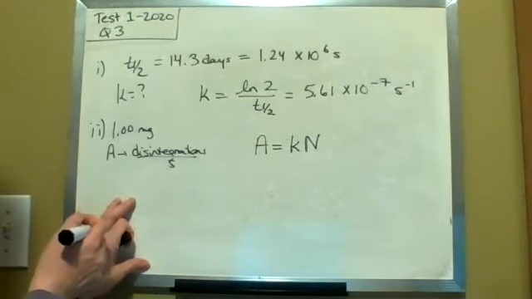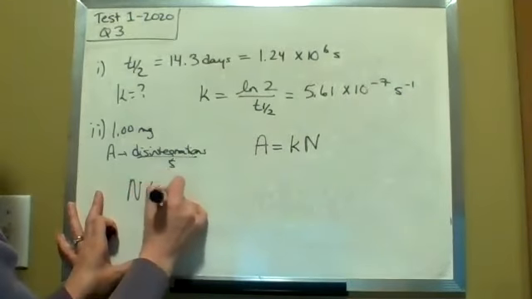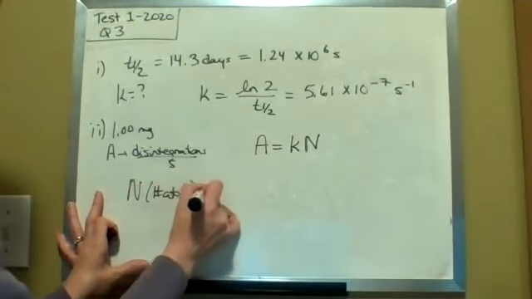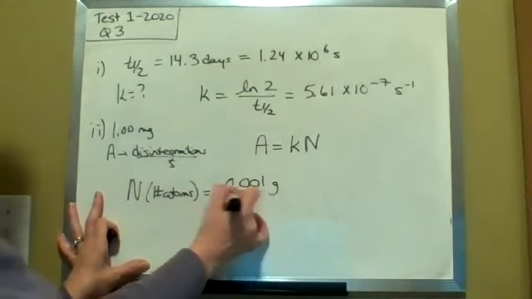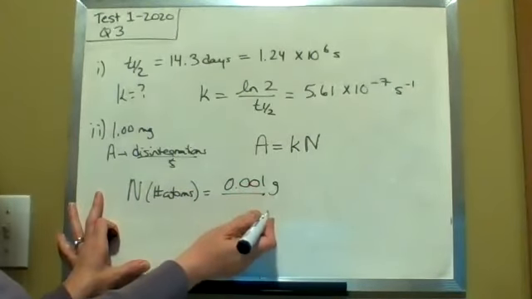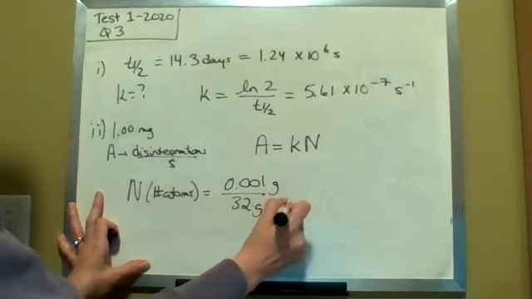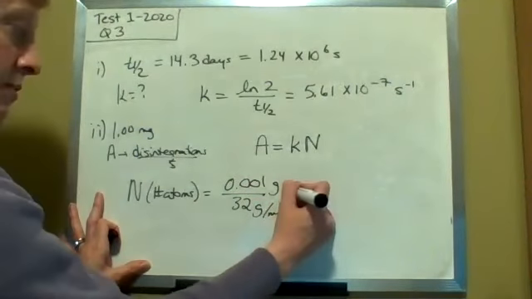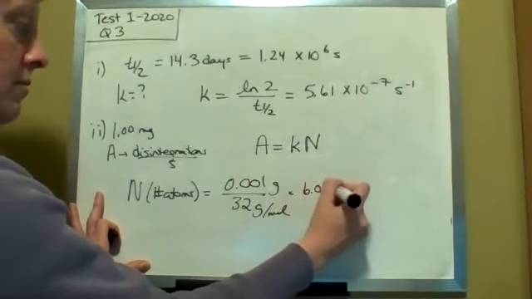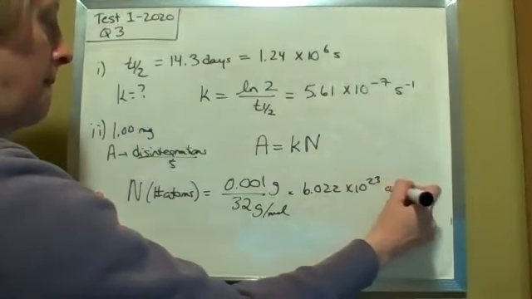You're told you have 1 milligram sample. So let's find N, which is the number of atoms. We have 0.001 grams. I switched to grams from milligrams because we have grams per mole on the bottom here. Divided by 32 grams per mole. That's going to give me a value in moles. And to get rid of moles and get down to atoms, I'm going to multiply by Avogadro's number, 6.022 times 10 to the 23.